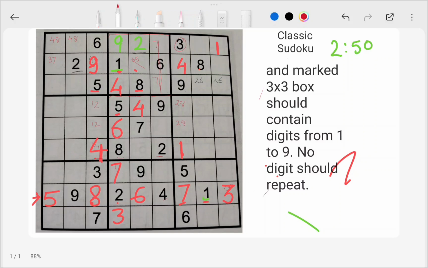And this is 5, 7. Again this is 3, 5 and 7, so this must be either 3, 7 or 3, 5. All right.